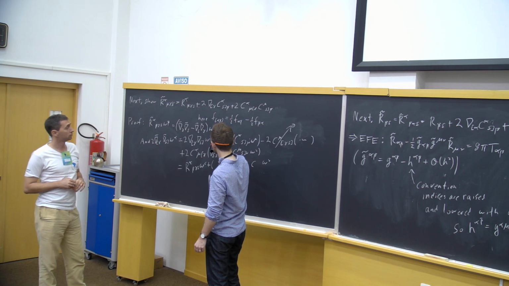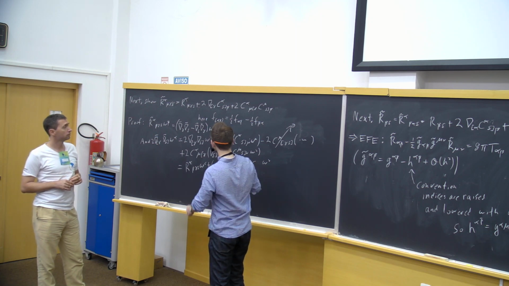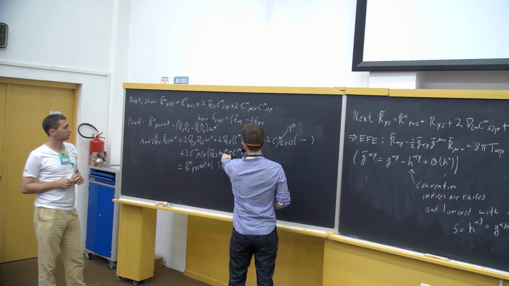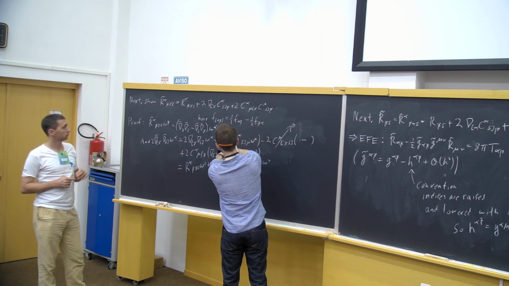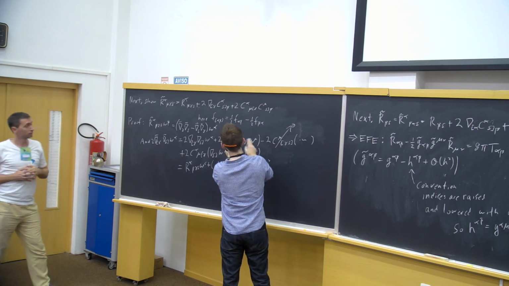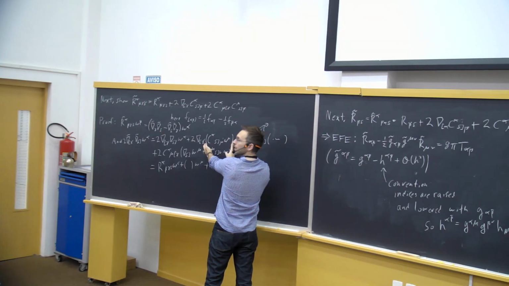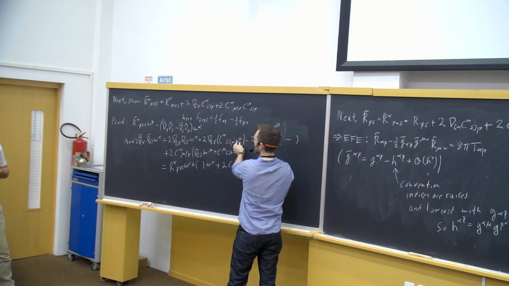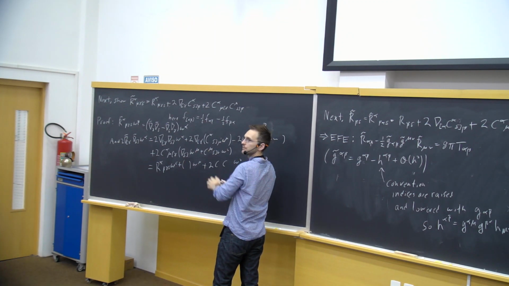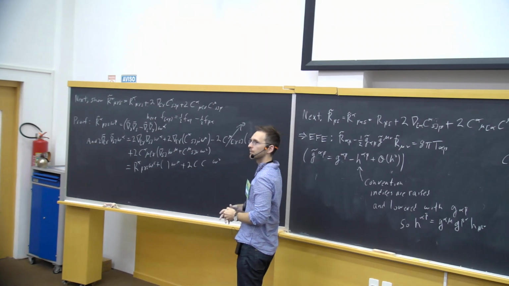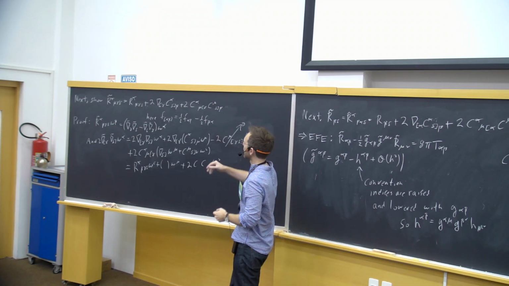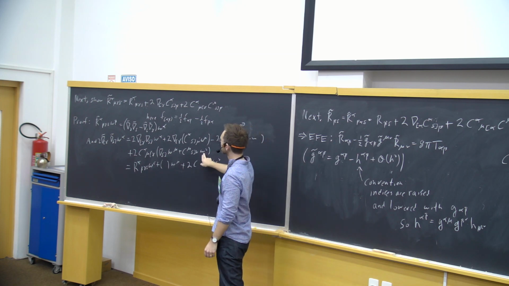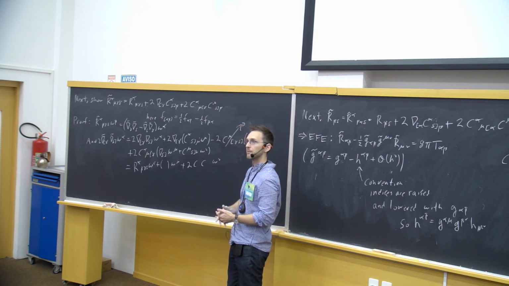And that term does not appear in the first line. So this derivative is acting on everything in here. So you're going to pick up a term similar to this from this derivative acting on the omega. Those terms are going to cancel. So in the end, you don't have derivatives acting on omega. You only have derivatives acting on C.